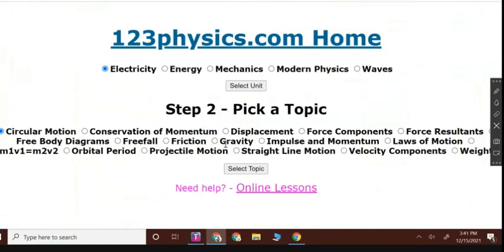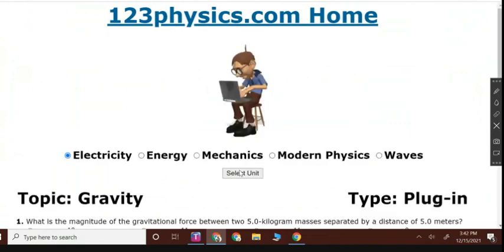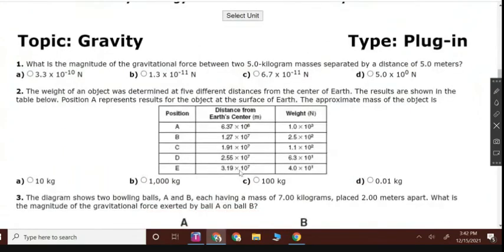Forget gravity plug-ins. They're just putting numbers into a very complex equation. You can just stick to gravity relationships, because the test loves them so much. Not that they don't put in plug-ins, but it's very rare.